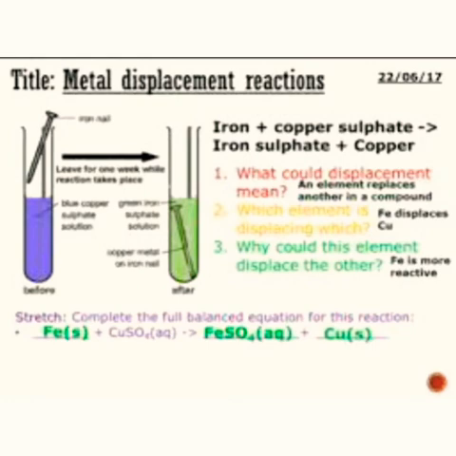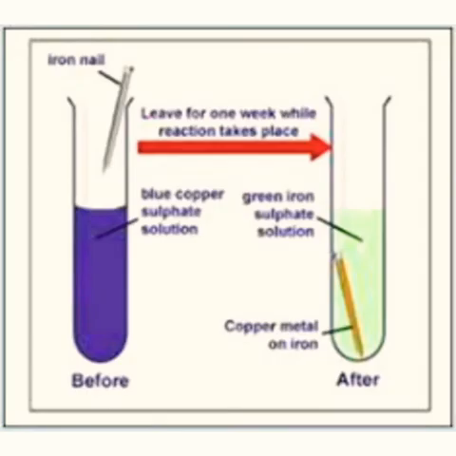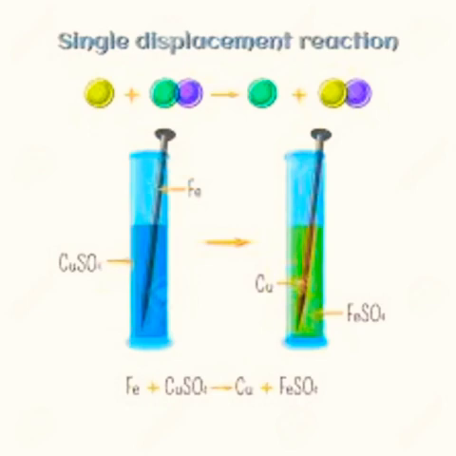So what happened during the reaction? Iron, being more reactive than copper, displaced copper from the solution and took its position. So we got iron sulfate plus copper. So displacement reaction means the more reactive metal displaces the least reactive metal.